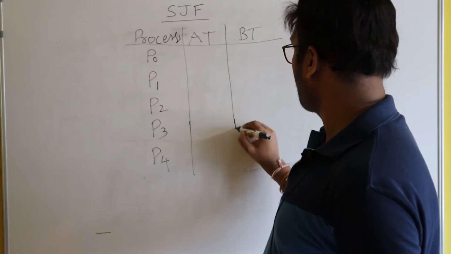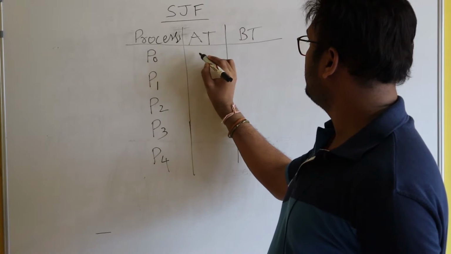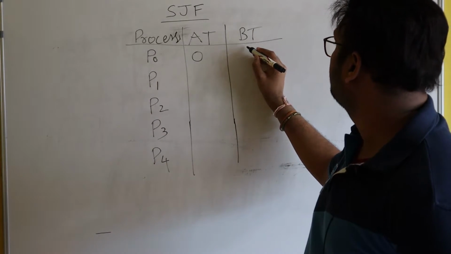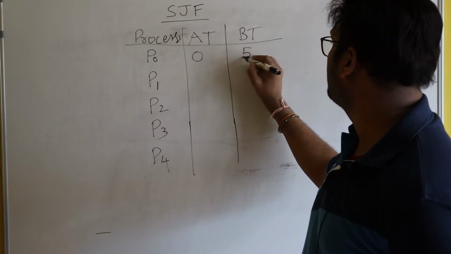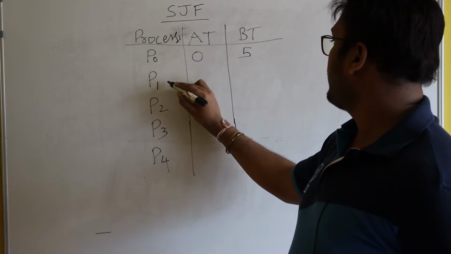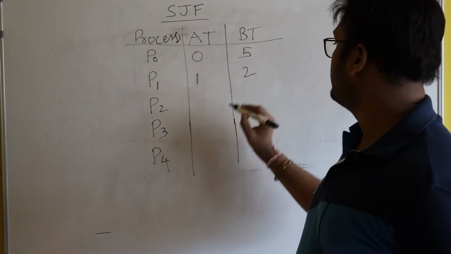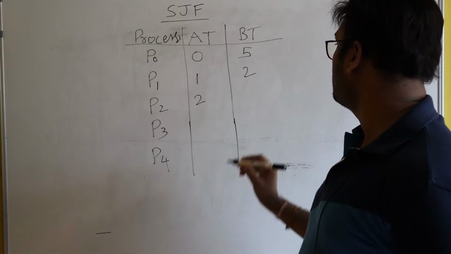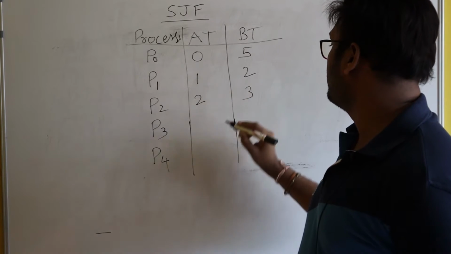Let the arrival time of P0 be 0 and its burst time be 5 seconds. Then comes P1, its burst time is 2 seconds. Now P2 came. Its burst time is, suppose, 3 seconds.